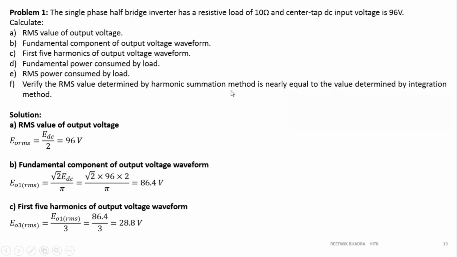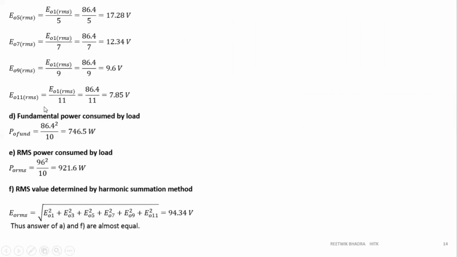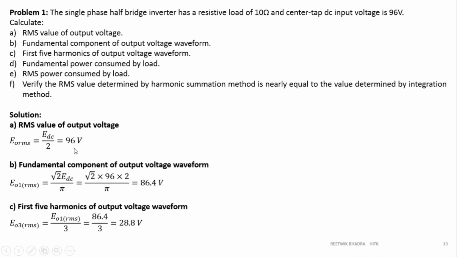How do we find it by the harmonic summation method? We find all the harmonics, and we take the square root of the sum of their squares: E01 square, E03 square, E05 square, E07 square, E09 square, E011. As you go on increasing the harmonic order, this value, which has come out to be 94.34, comes closer to 96.